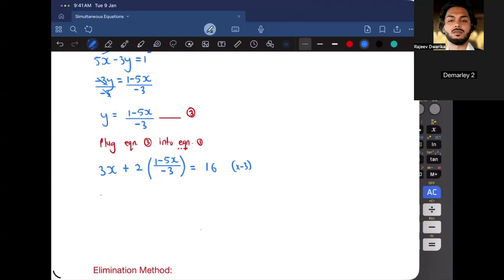That is negative 9x. Now if we multiply that whole thing by minus 3, what do you think I should write?